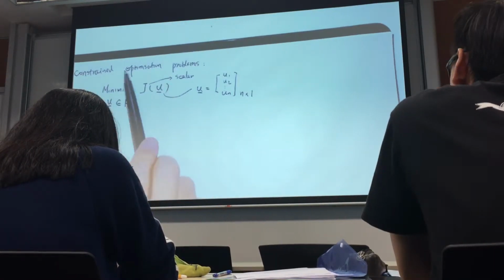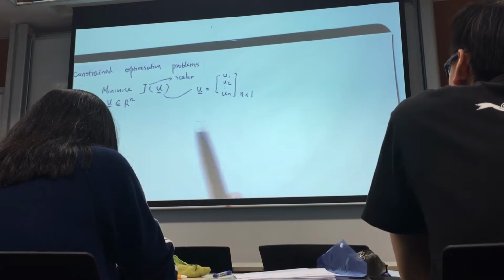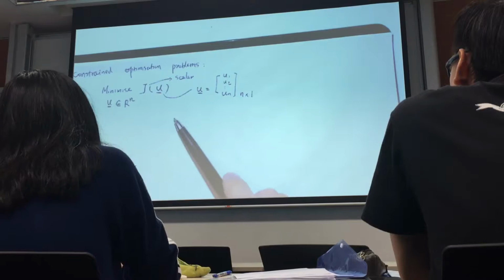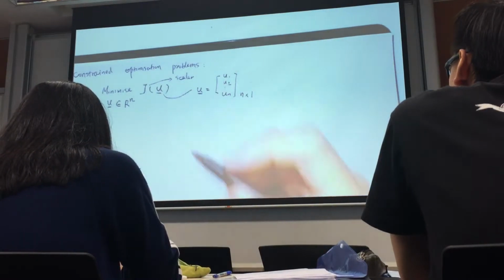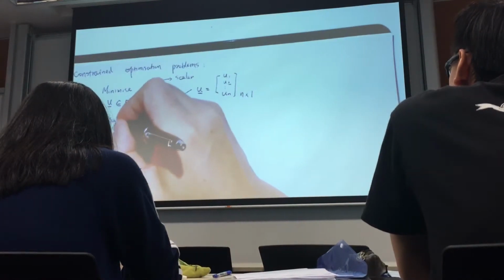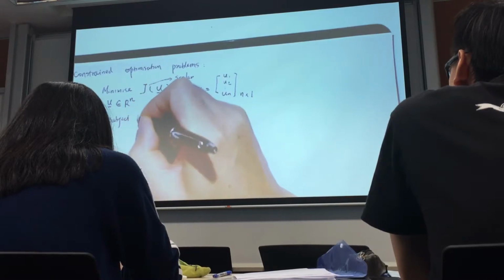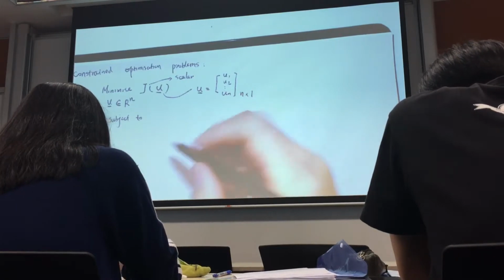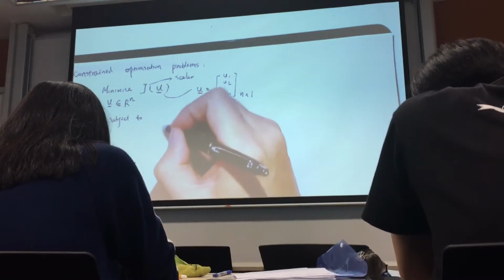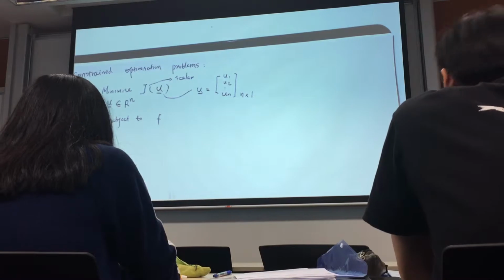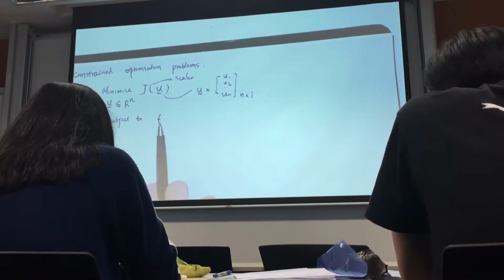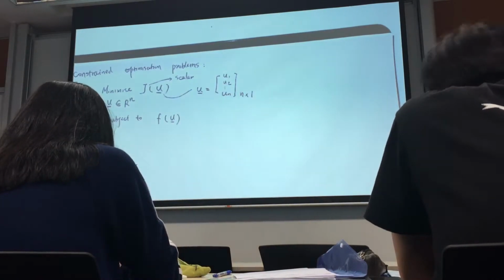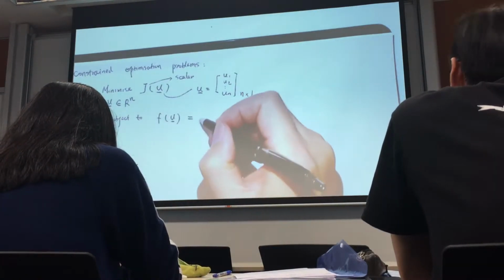But for the constrained optimization problem, this control input must satisfy some additional conditions or constraints. So it is subject to some additional constraints, given by a set of equations. Let's use f for a general function: f of u must be equal to 0.